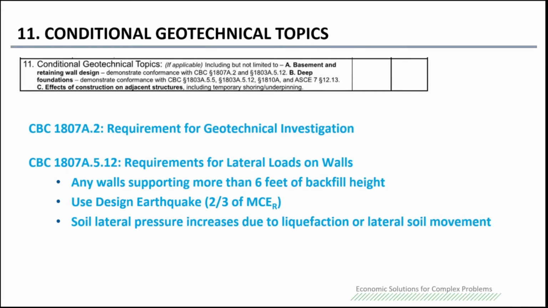And the section A.5.12, that's requirements for the lateral loads on the walls. So any walls supporting more than 6 feet of backfill height, you need to provide the seismic lateral pressure on the wall.